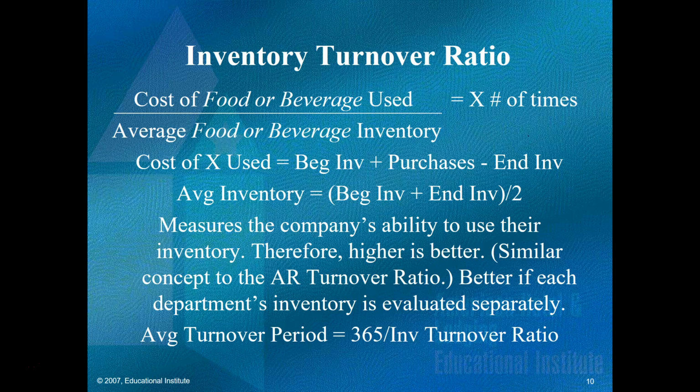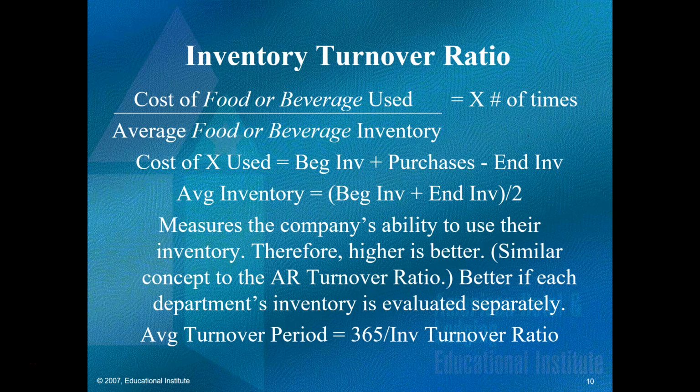All right, so in this one, we're going to take cost of food or beverage used, okay. So again, remember, cost of food or beverage used is beginning inventory plus purchases minus ending inventory. Okay, so that's going to give you your calculation for your numerator. Then we're going to divide that by average food or beverage inventory.